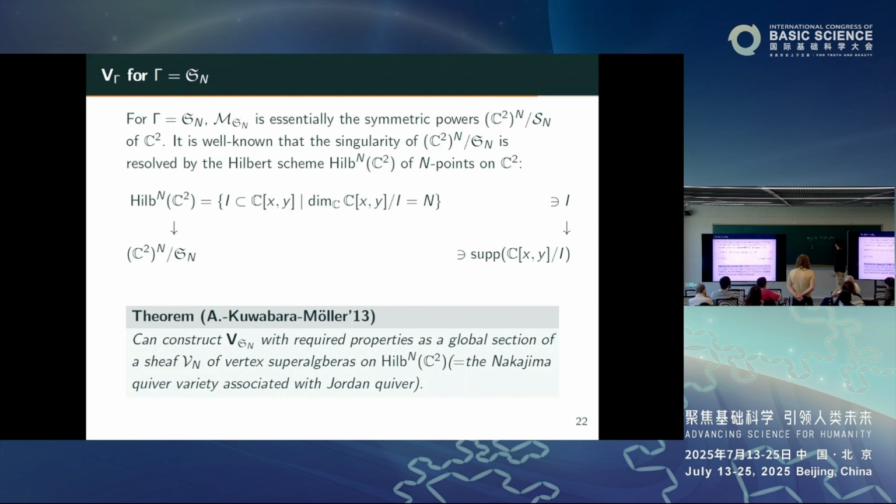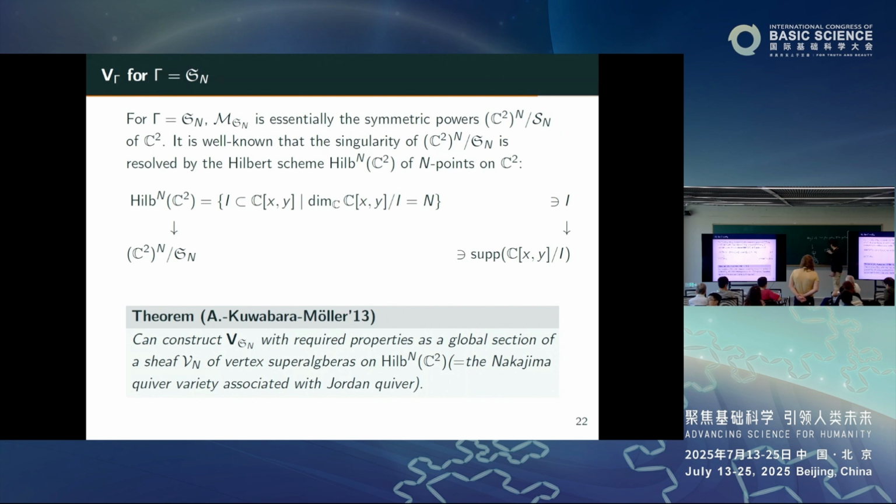But somehow you have to add some bc system as well. Roughly speaking, the Hilbert scheme corresponds to the Jordan quiver of this type, so this Nakajima quiver variety is isomorphic to the Hilbert scheme.